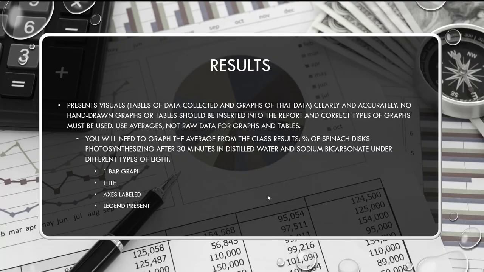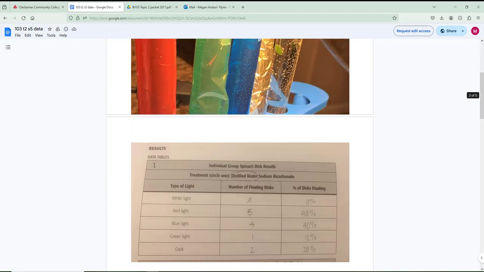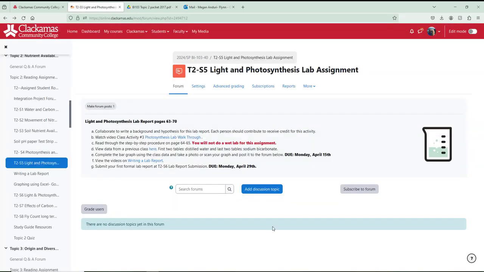Next, you're going to provide the visuals, okay? So in this case, we're going to actually include the graph. Now, remember we actually did a hand-drawn graph as one of our discussion forum posts. So if we go back to our Moodle, in our discussion post, we actually did the bar graph.